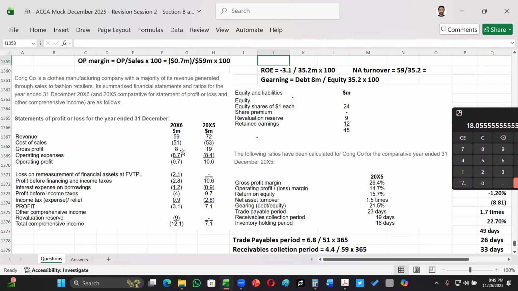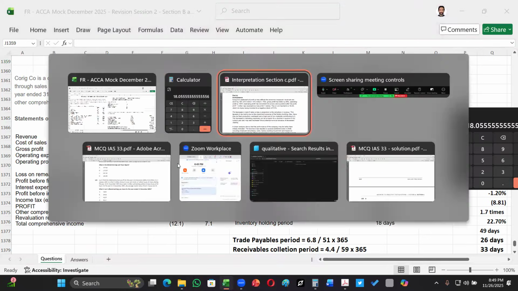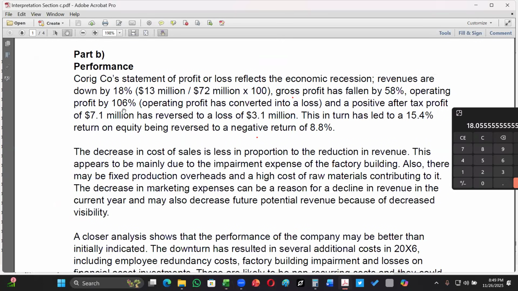We have calculated the figure, and this operating profit, it was 10.6, but now it is a negative. It's a loss of 0.7, and we have seen that this is due to the impairment, the redundancy. Okay, so they say that it was 10.6, and now it is below zero. It is a loss. Okay, so if I go back, now things will make more sense why they say it's 106%. It was 10.6 million, but now it is negative. So that's why they say operating profit has converted into a loss.